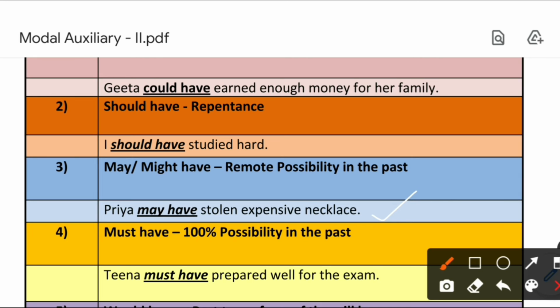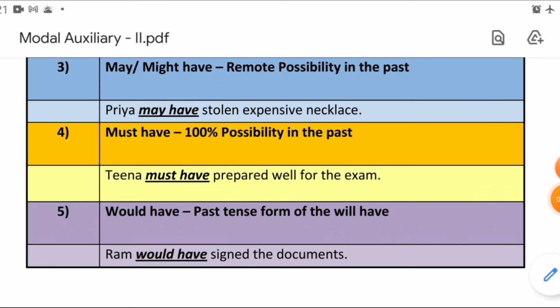So in that case, you can say Priya must have stolen expensive necklace. The truth might be different, but your guess in your mind is that yes, 100% that thing must have been done. In that case only you have to use must have. So here's another example, that's Tina.